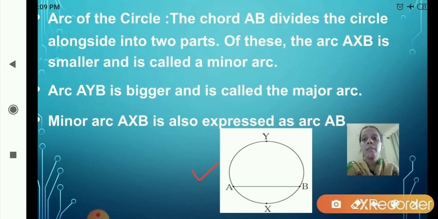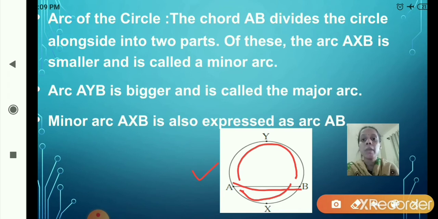In the circle, the chord AB, as you can see here, divides the circle into two parts. Of this, the arc AXB is the smaller arc and is called the minor arc, and one more arc, arc AYB, is the bigger arc and is called the major arc.